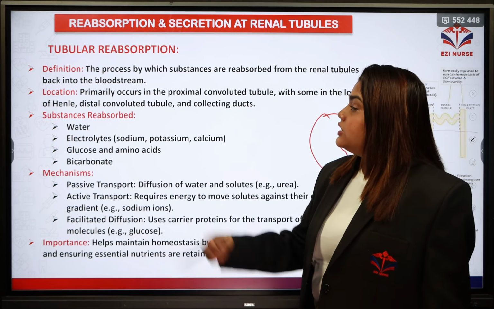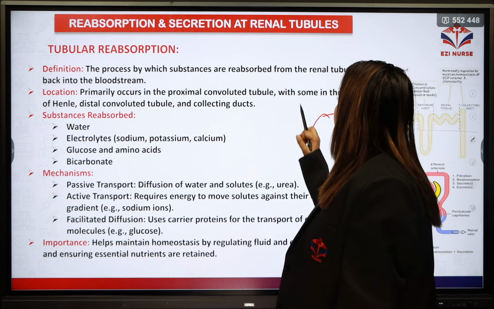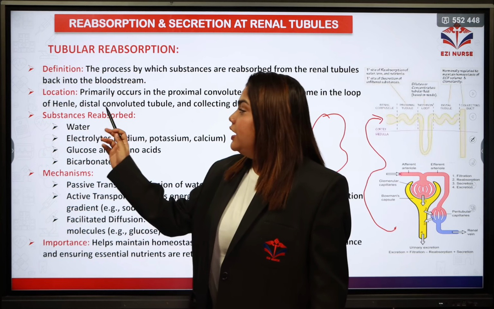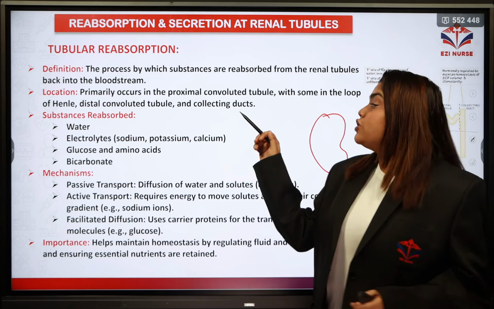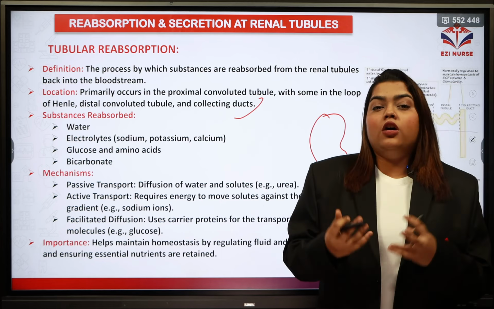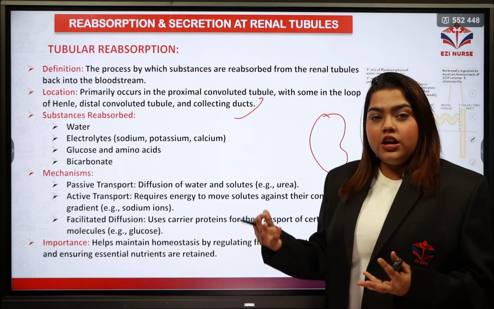And what is the location? It primarily occurs in the proximal convoluted tubule, with some in the loop of Henle, the distal convoluted tubule and the collecting duct. If you want to read about this, you can go to the anatomy video, where I have already given the anatomical explanation.